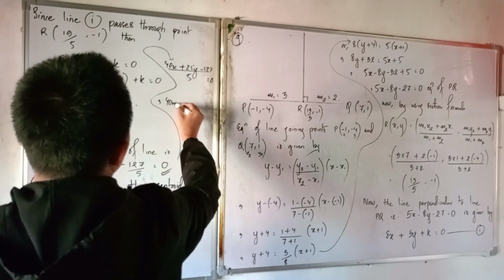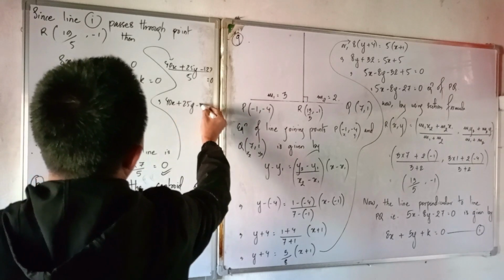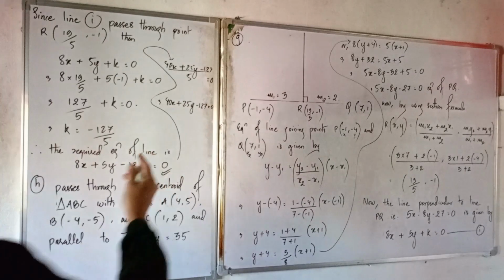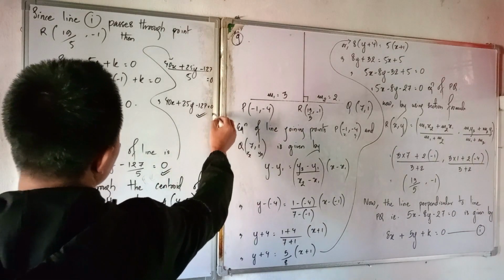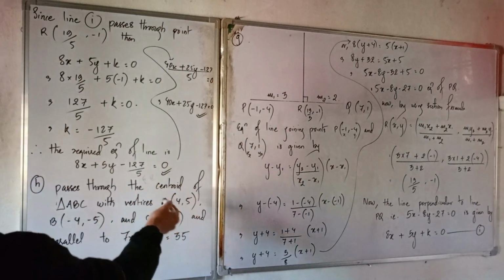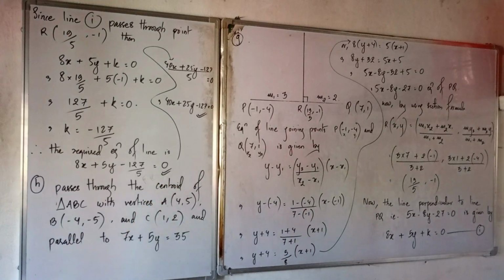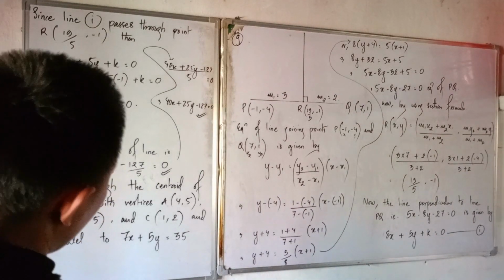Now the remaining becomes 8x plus 5y minus 127 over 5 simplified, according to the book. You don't need to go up to here, you can just leave it here. The answer will be correct. So without further delay, I would like to move on to the next question, that is 8 adds. I think this will be the last question for today's video.